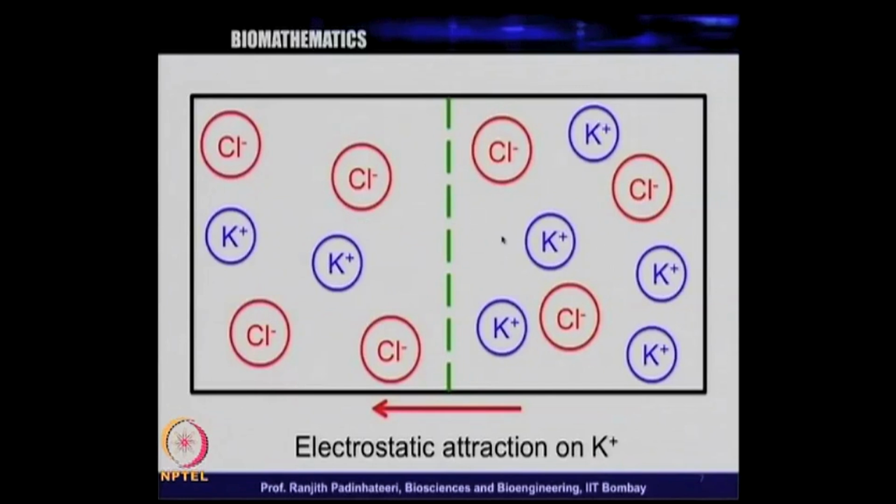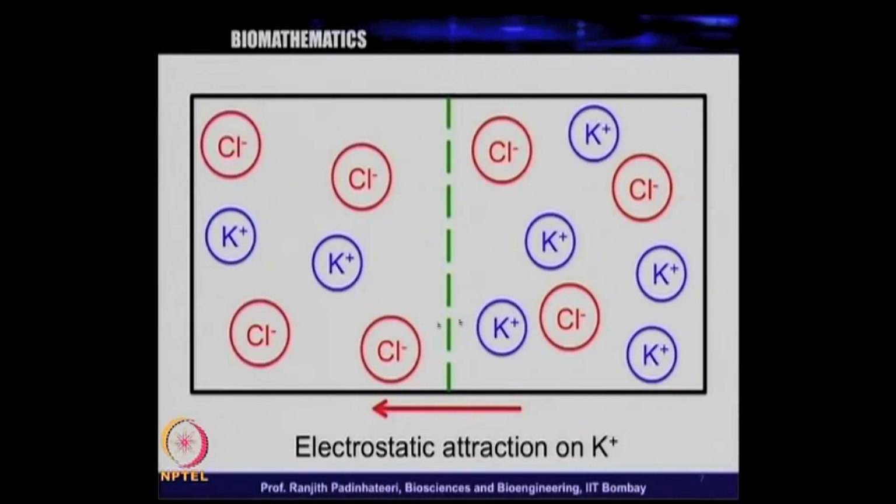This K plus has 4 Cl minus here and 3 Cl minus here, so on average it will feel more attraction towards this side. This K plus would want to go this way, because there is an electrostatic attraction. So, the K plus will now start flowing in this way.